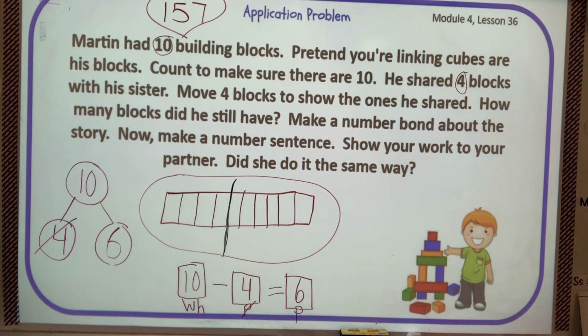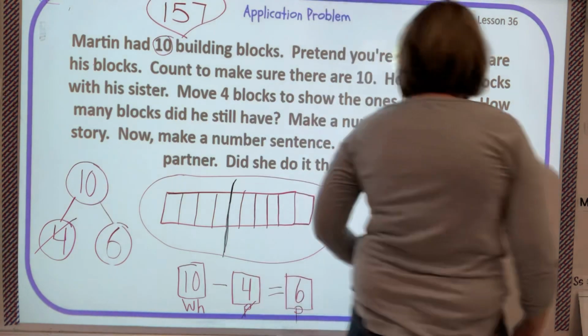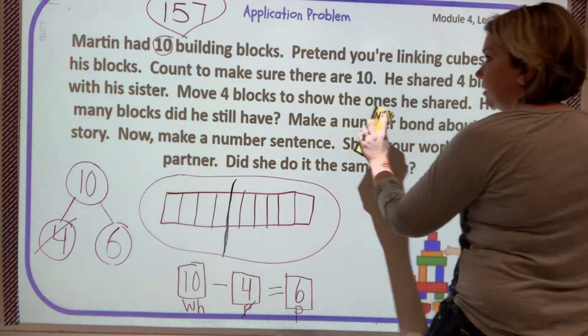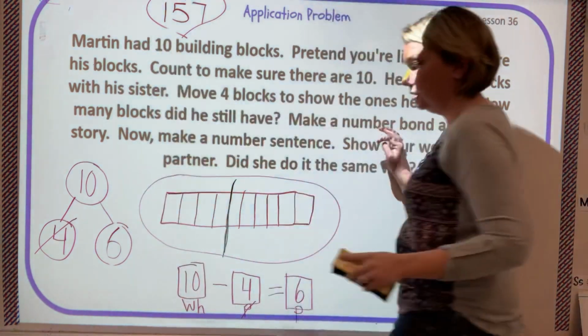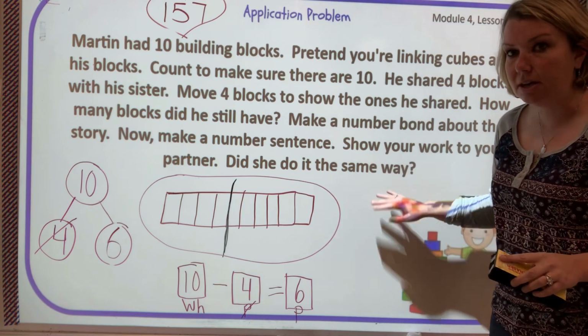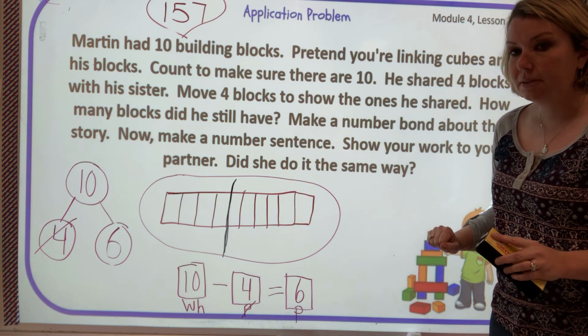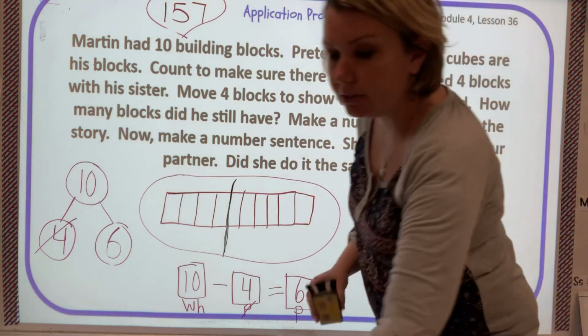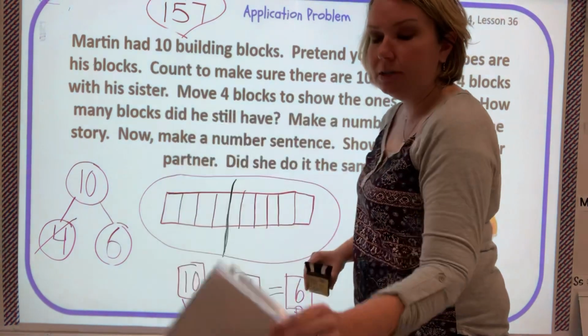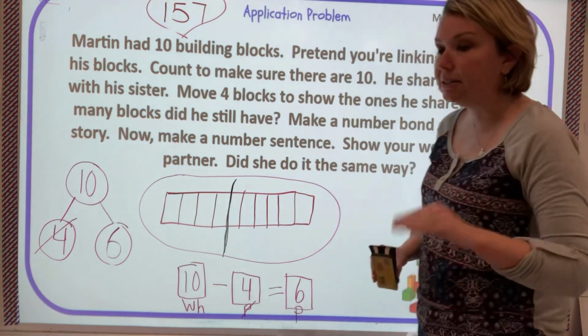All right. You may move your book to the side if you're done, and your cubes. I have a feeling your materials are going to be a whiteboard and a dry erase marker and possibly those cubes.